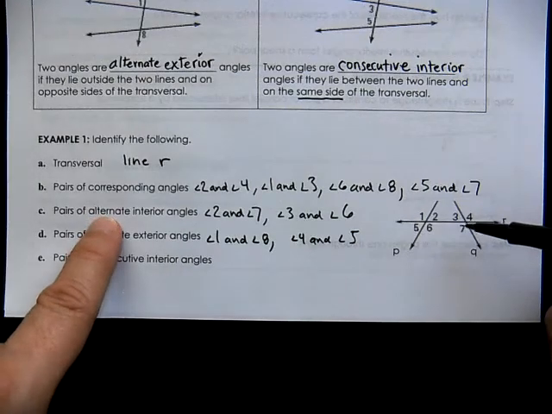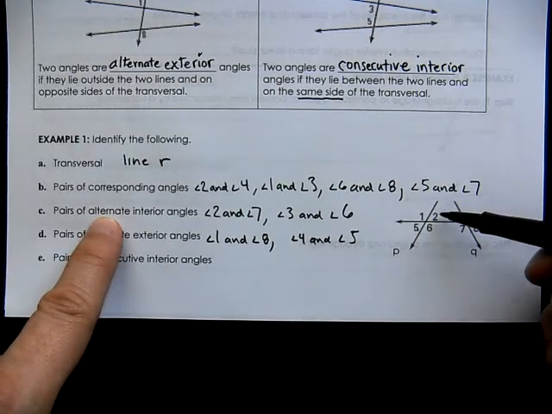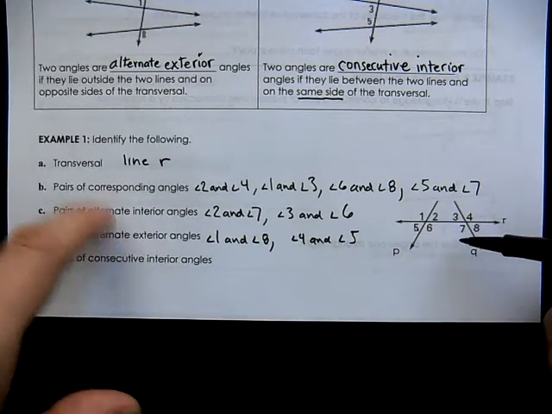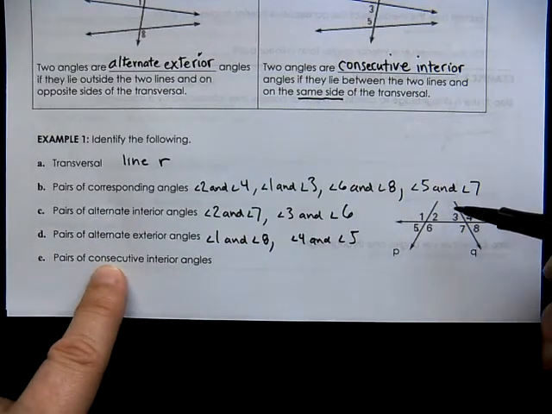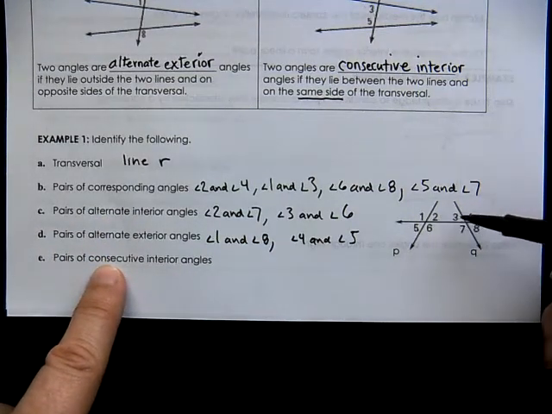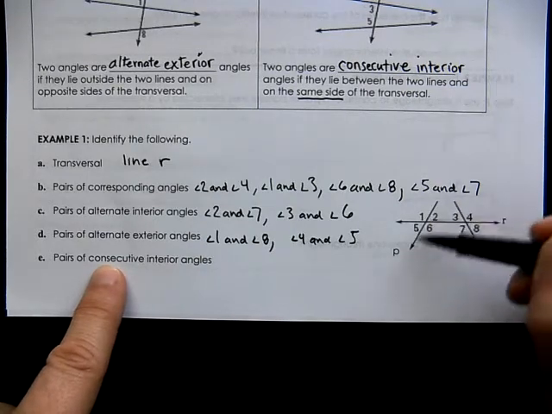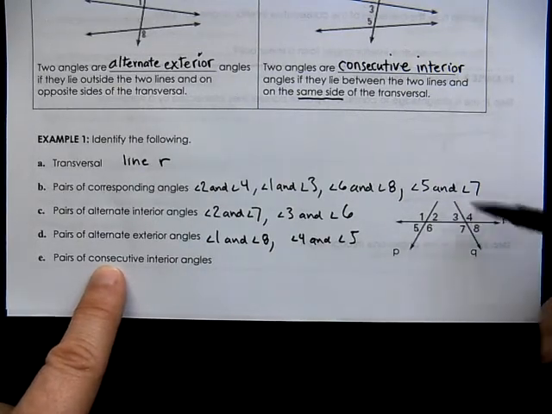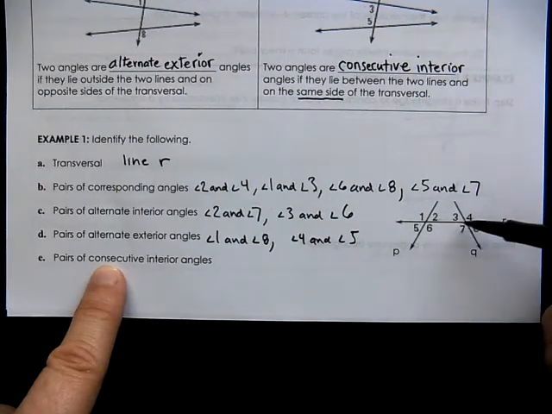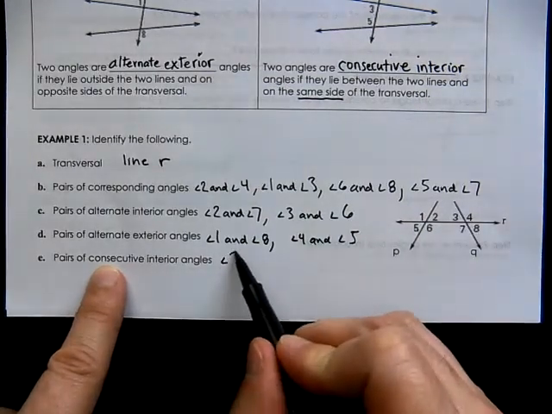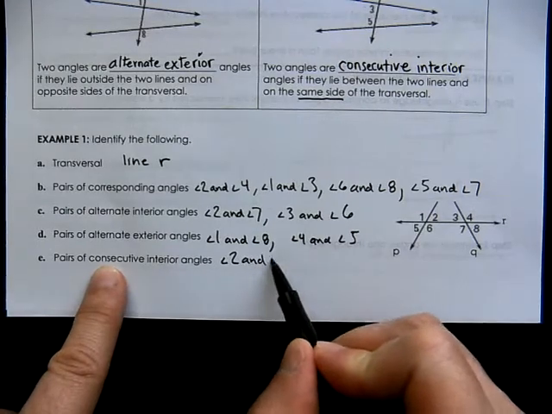If they were alternate angles, one angle would be above and one angle would be below. But because they're consecutive, they have to be on the same side. So we're talking about angles 2 and 3 as a pair of consecutive interior angles. One angle is touching line P, one angle is touching line Q, and they're both above the transversal. So angle 2 and 3 is an example.